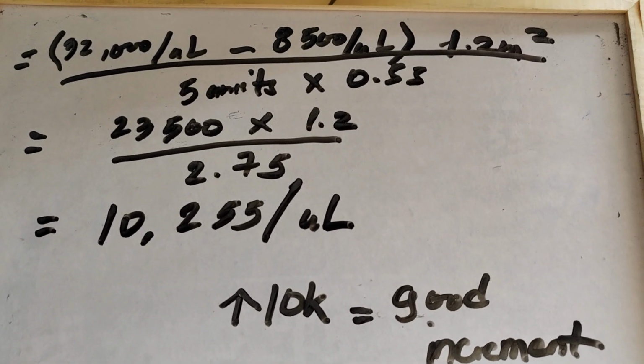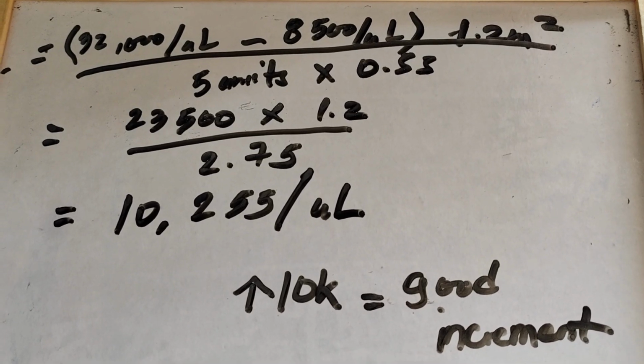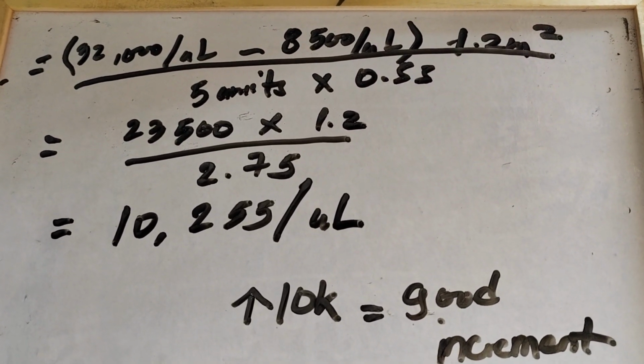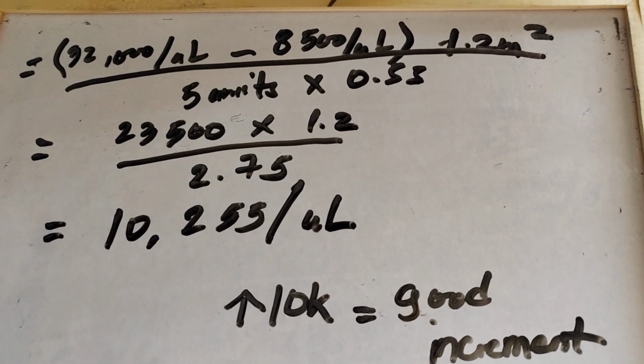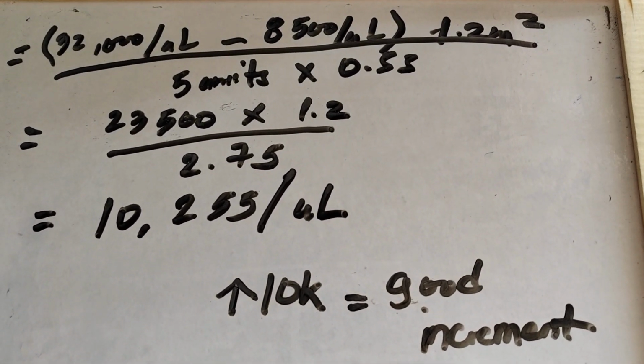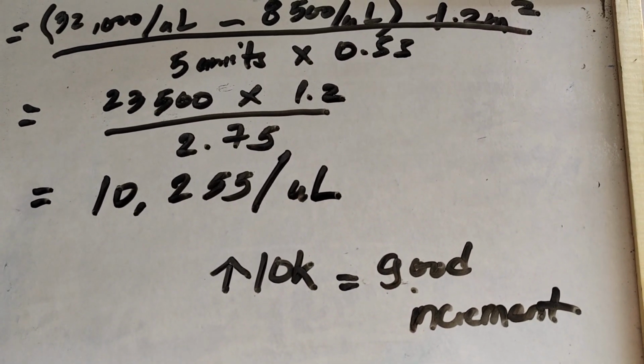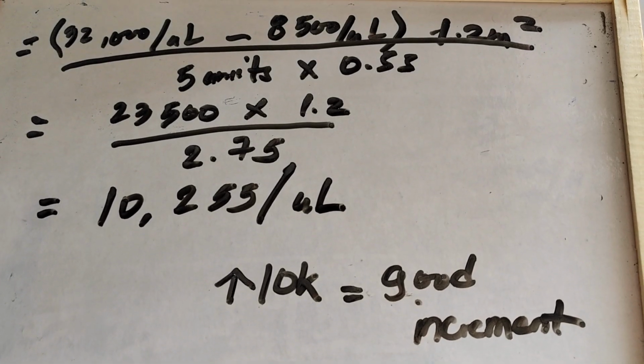Maybe the body doesn't accept the platelets and destroys them right away, so the count doesn't rise much. Remember, if your value is greater than 10,000, it is a good increment.